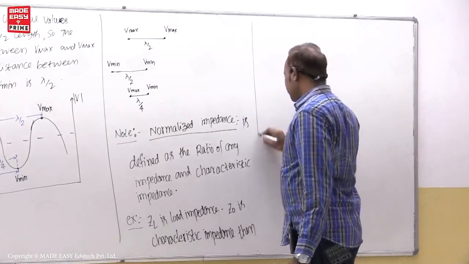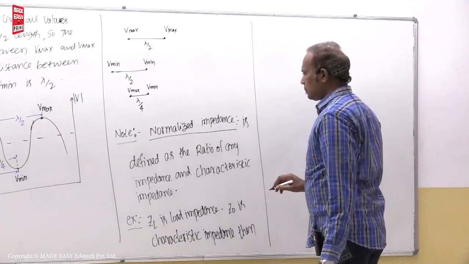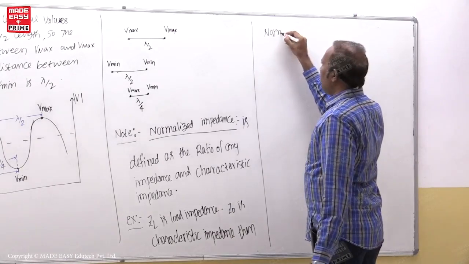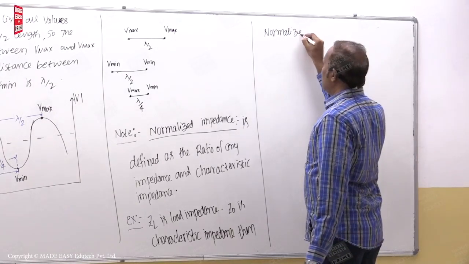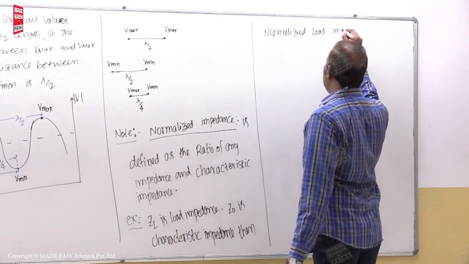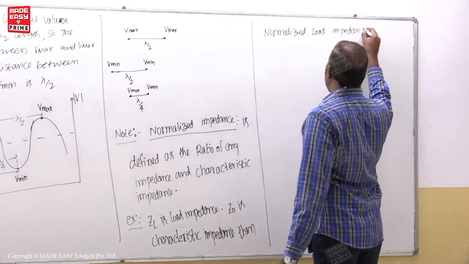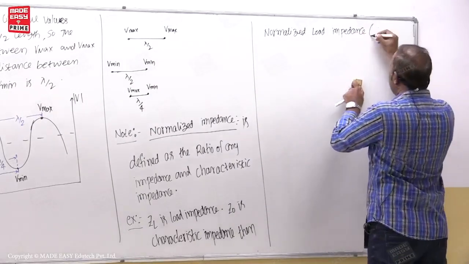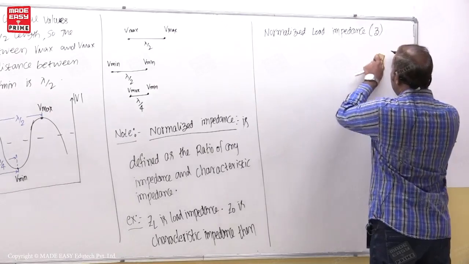Then the normalized load impedance: simple, student. Small z is used for normalized impedance.